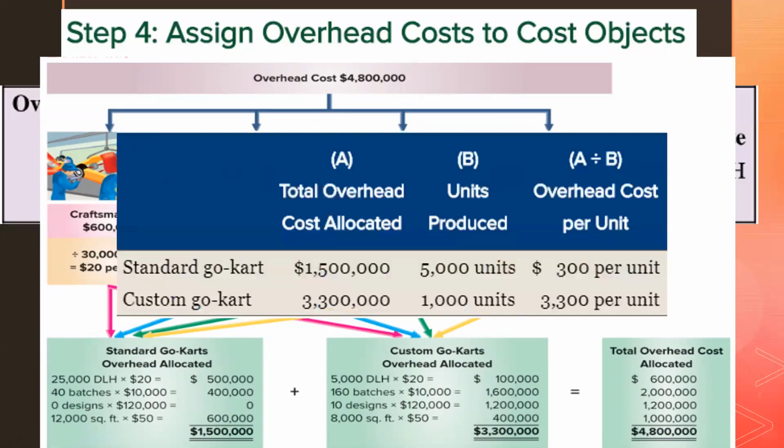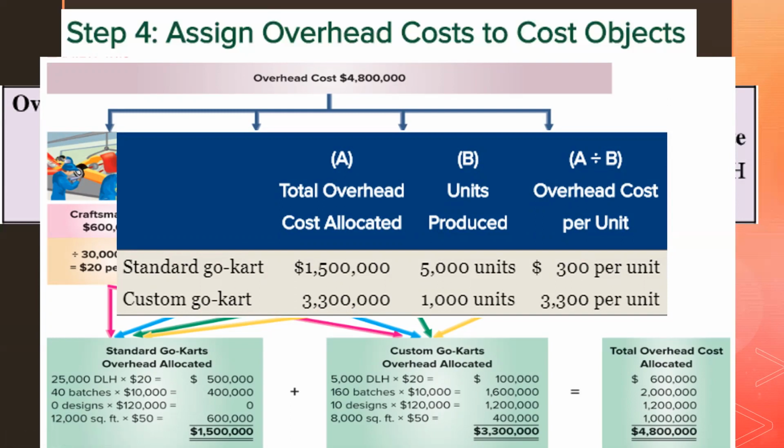So that means that if we take the $1.5 million divided by the 5,000 standard go-kart units that they're going to produce, we are going to allocate only $300 per unit for standard.